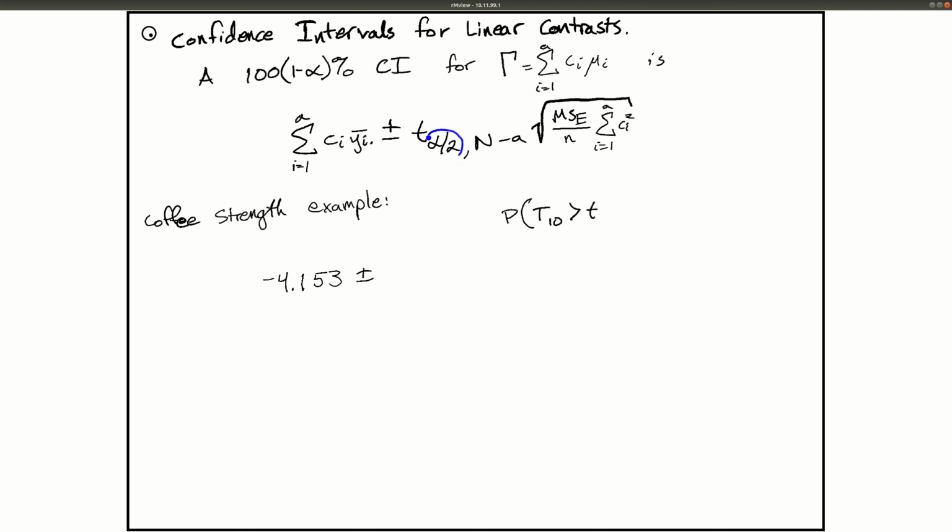The alpha level would be 0.05 if it's a 95% confidence interval, so our alpha over 2 would be 0.025, and our degrees of freedom are 10. So this quantity is the one such that the probability a t random variable with 10 degrees of freedom is greater than this quantity is 0.025.